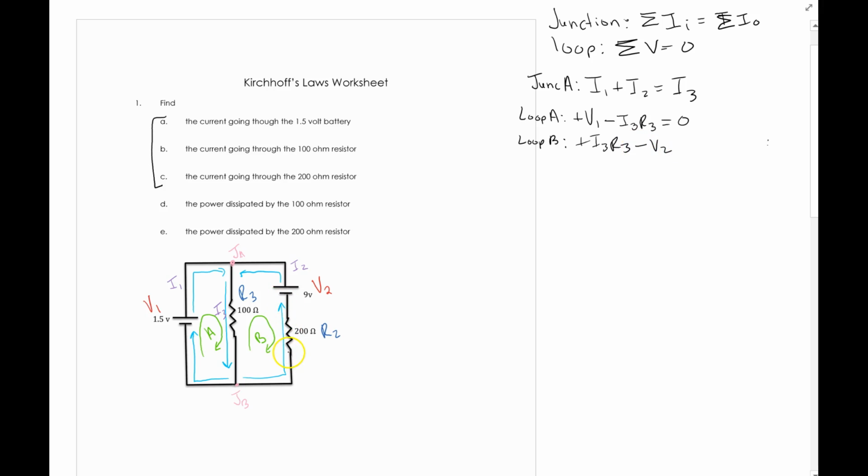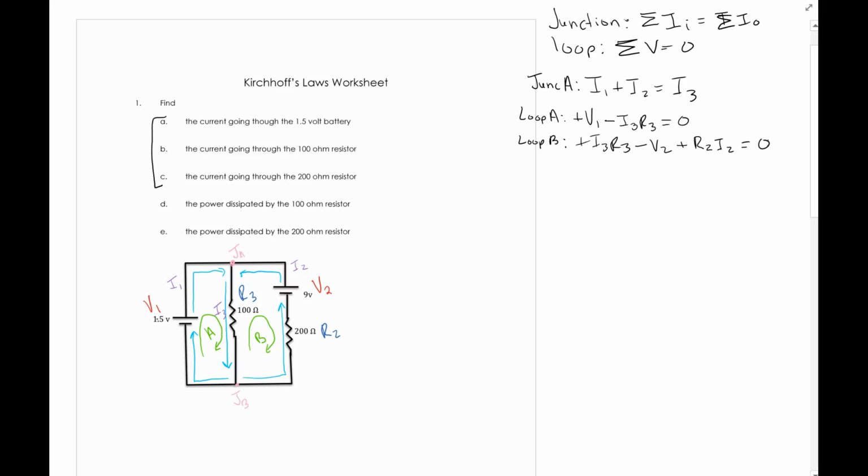And again, against my current is plus R2 I2. And that all, when I close again, my circuit is equal to 0. So now I have 3 equations for my 3 unknown pieces. I'm looking, remember, for the current through this piece, the current through this piece, and the current through this piece.